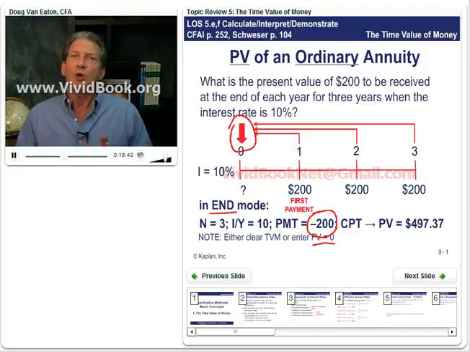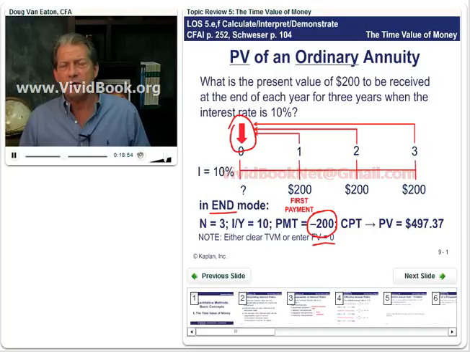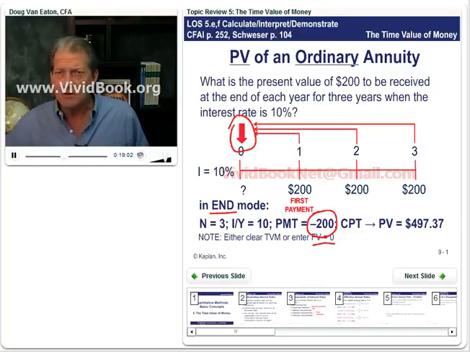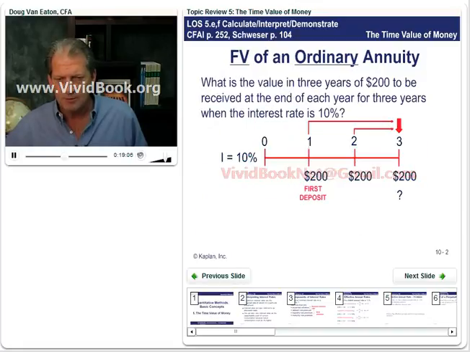That's why the big red arrow. When you're doing the present value of an annuity in end mode, the calculator is going to tell you the value 1 period before that first payment. So that's an important thing to remember when you're setting up and dealing with these problems.